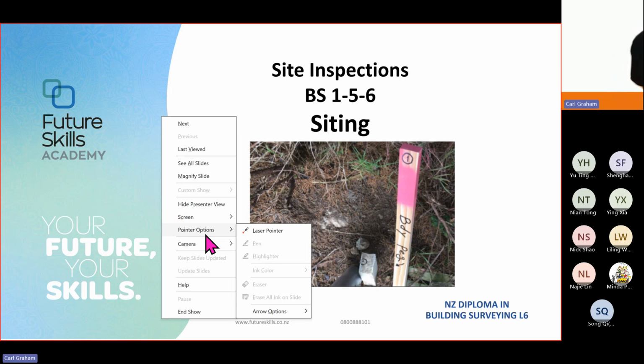Does the consented plan show that evidence or not? I don't know until I actually look at it. Has the engineer or the surveyor properly sited for me a peg here and a peg here to say that that is the reference point for where that pipe is?